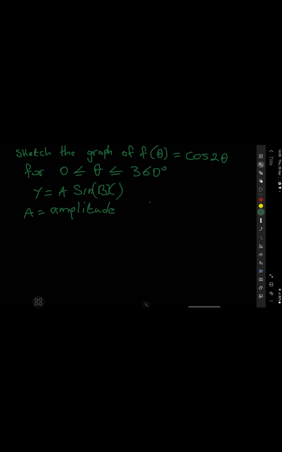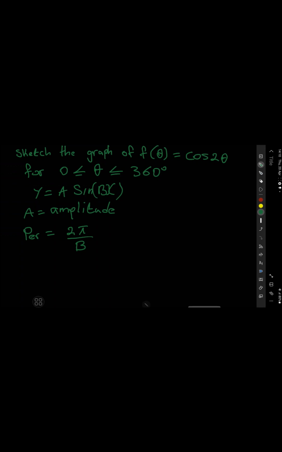The formula that we can use for period is: period is equal to 2 pi over b. So we get the value of b and replace it here, then we find what our period is.